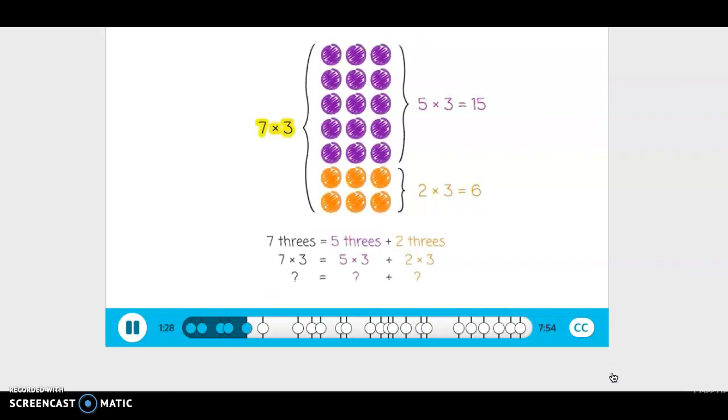We're solving 7 times 3 by using other multiplication facts to help us. 7 times 3 equals 5 times 3 plus 2 times 3, which equals 15 plus 6, or 21. Put it all together. What is 7 times 3?